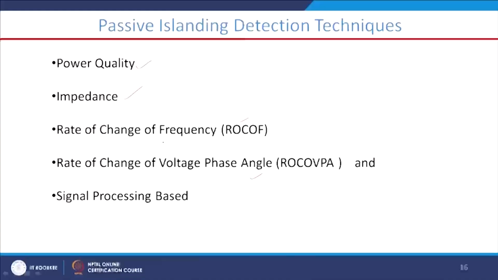We have power quality based, impedance based, and rate of change of frequency, abbreviated as ROCOF. Also we have rate of change of phase angle based techniques and signal processing based techniques like artificial intelligence, wavelet based and neural network based techniques. Those techniques are also used for island detection.